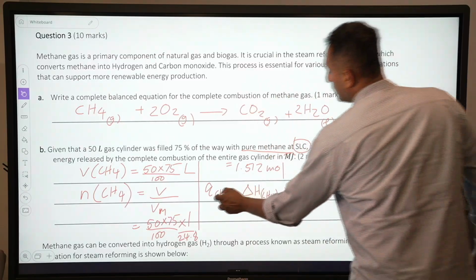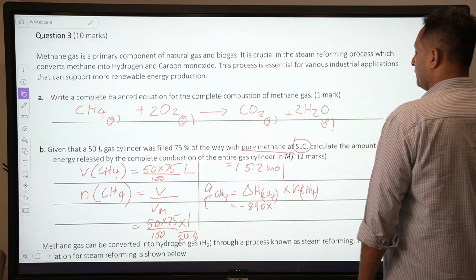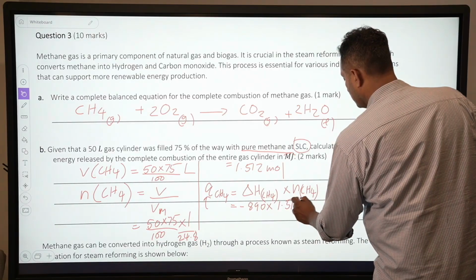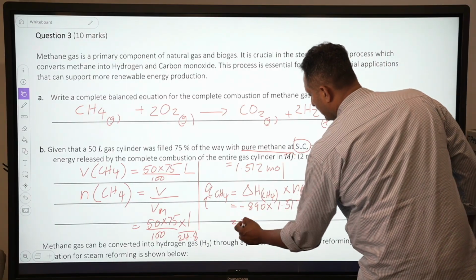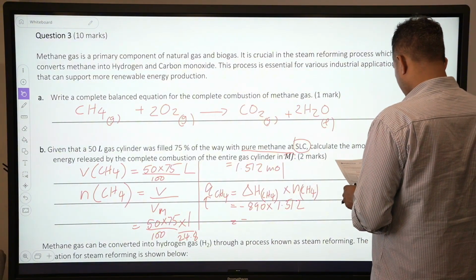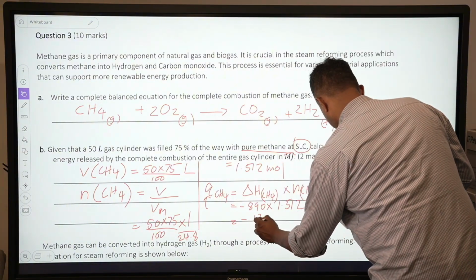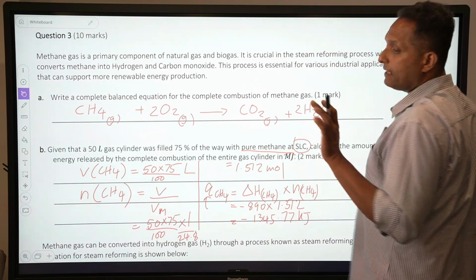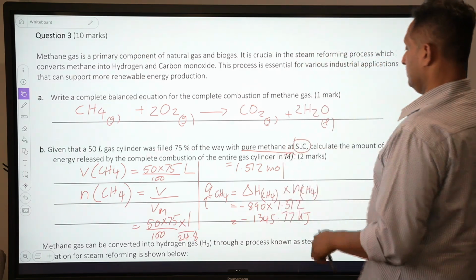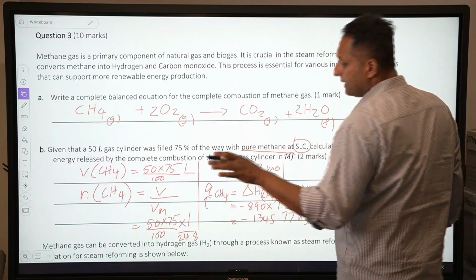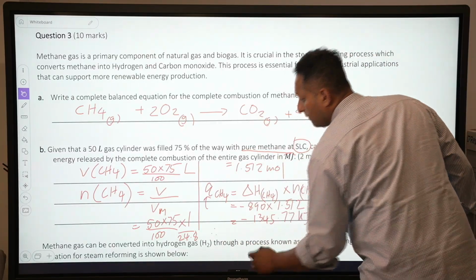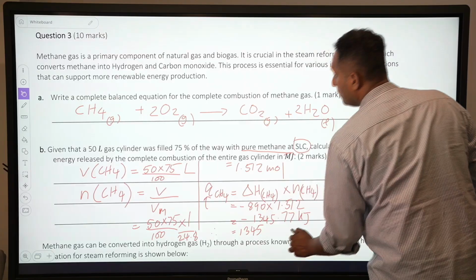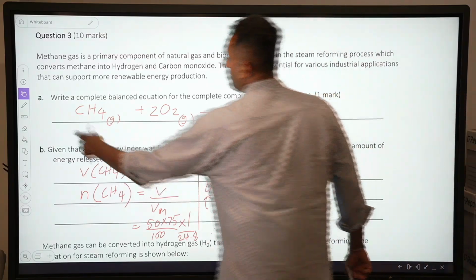So Q is minus 890 times 1.512, which gives minus 1345.77 kilojoules. Now don't leave the answer in minus, because energy is released, therefore we say 1345.